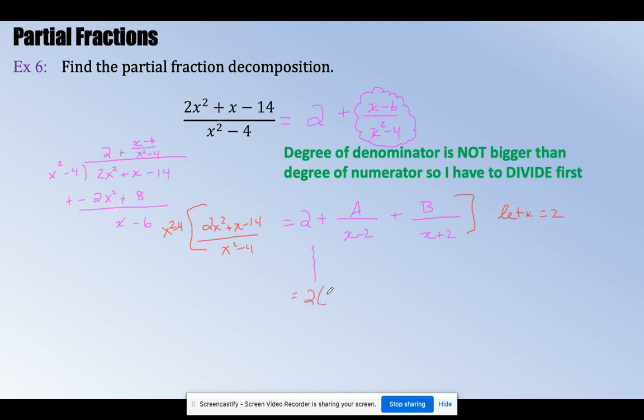So technically you have 2 times x squared minus 4 plus a times x plus 2 plus b times x minus 2. You're going to let x equal 2.